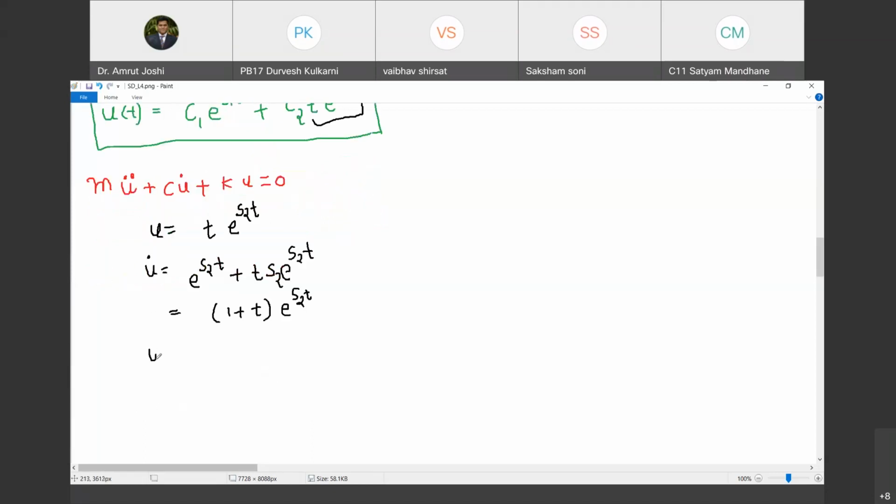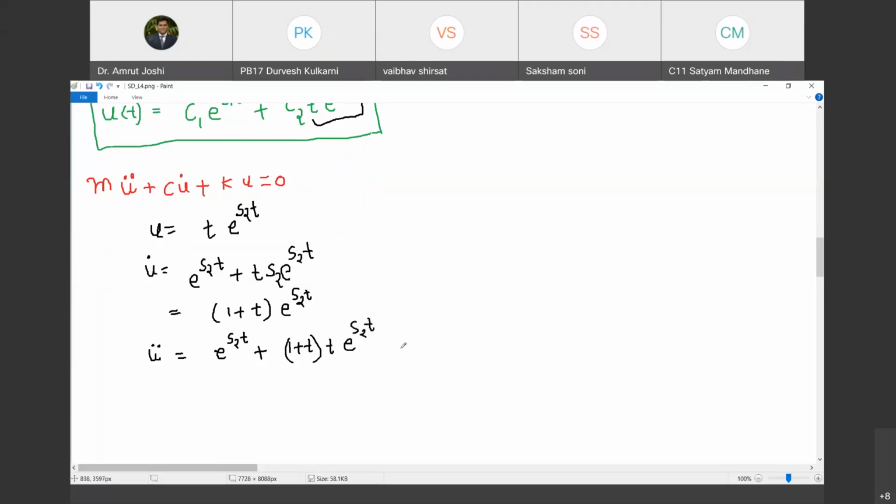Now what is u double dot? Tell me. So we have to take the derivative of 1 plus t s2. The derivative of 1 plus t s2 is s2. So it will be s2 e raised to s2t as it is. Happy? Yes, sir. Plus, now I will keep 1 plus t s2 as it is, and I will take the derivative of e raised to s2t. So that is going to be s2 e raised to s2t. Happy?